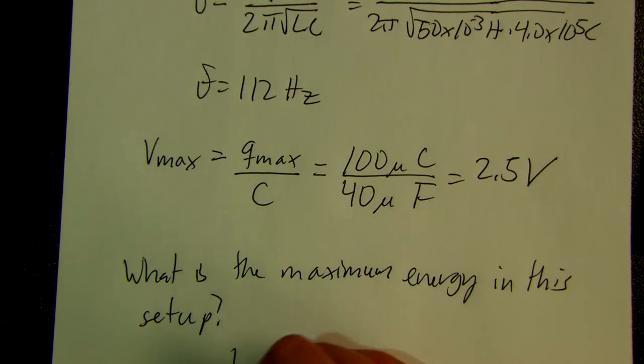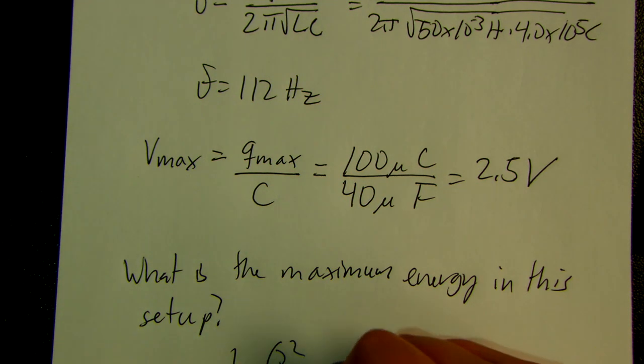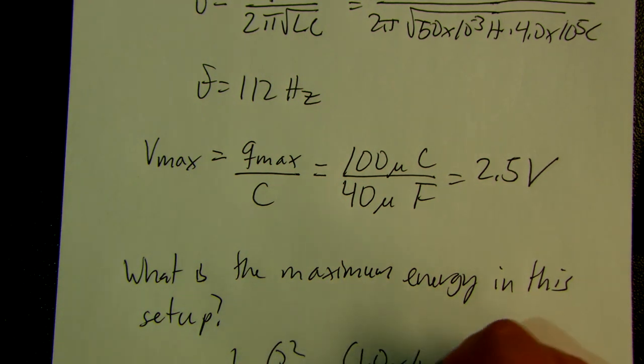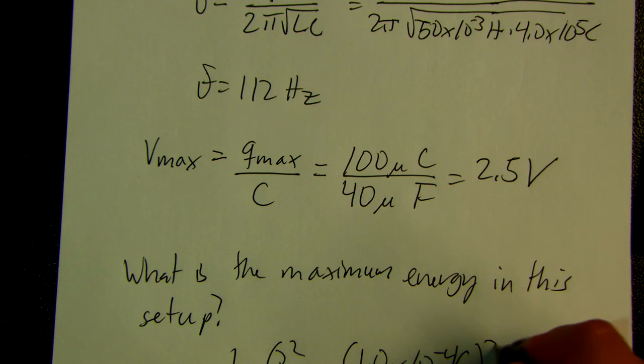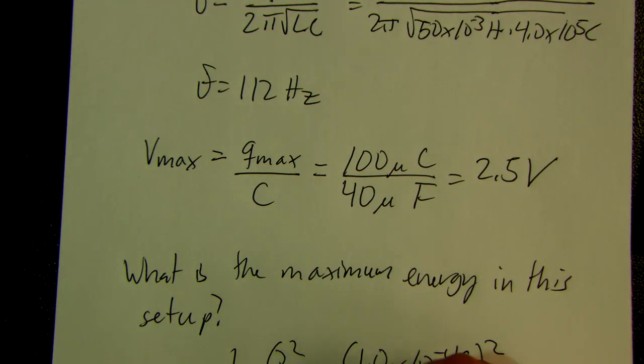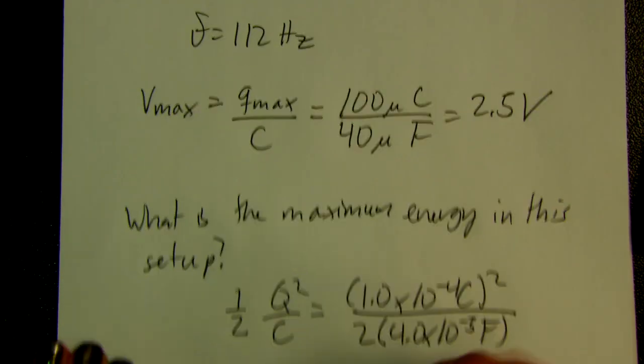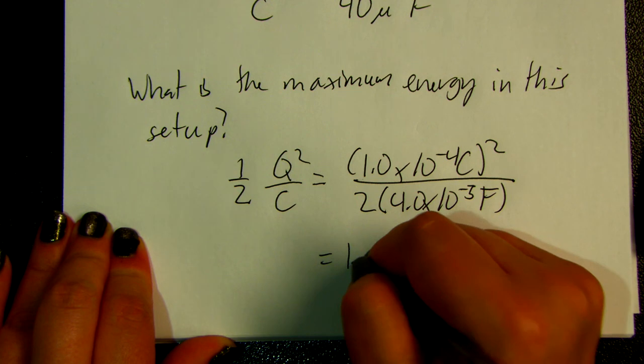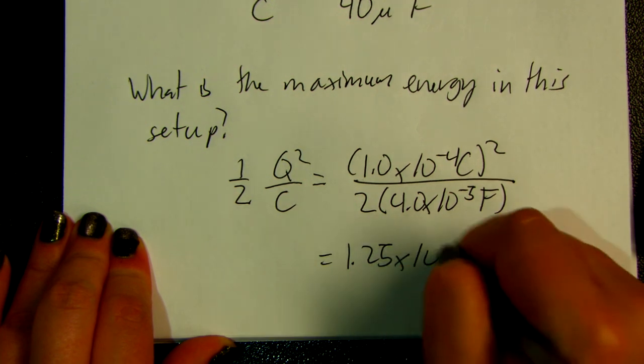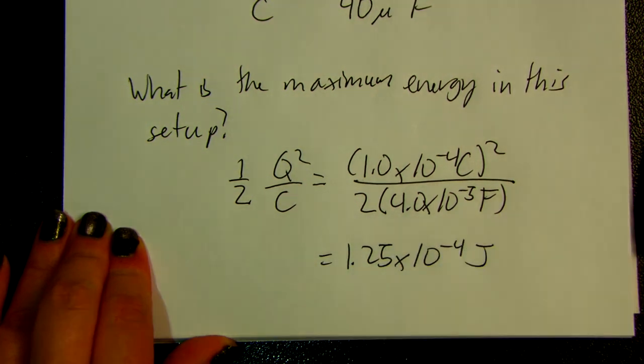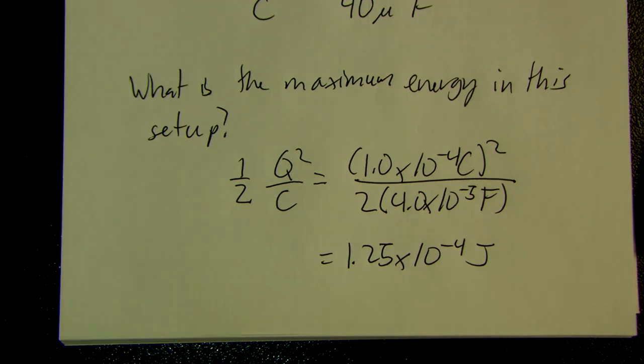That would be 1/2 Q squared over C, which is 1.0 times 10 to the minus 4 coulombs squared over 2 times 4.0 times 10 to the minus 5 farads, which is equal to 1.25 times 10 to the minus 4 joules. And there you have it.